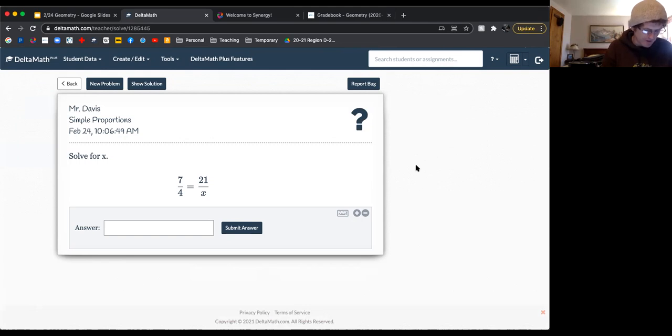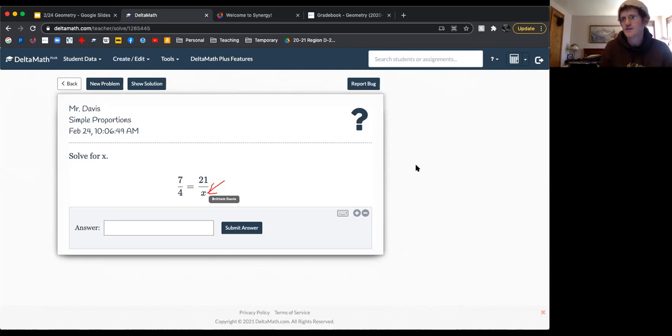And what we have going on is a proportion. A proportion is when you take two ratios, like 7/4 and 21/x, and you set them equal to each other. And when we say we're going to solve proportions, that means we're going to solve for, as you can see right here, this missing value. We want to know what that is.